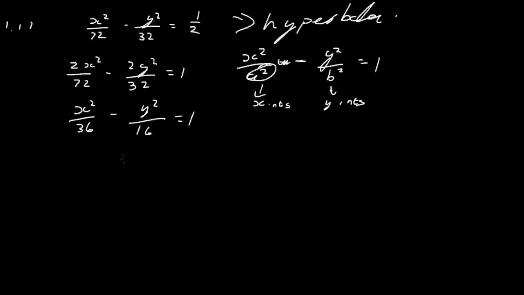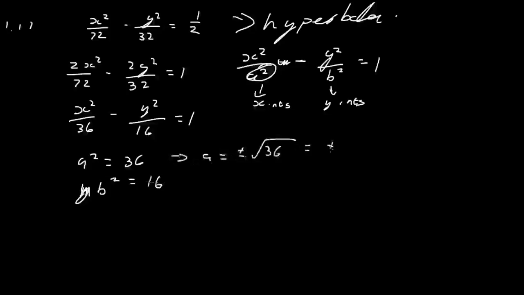So now we know that a squared, from our general form, equals 36, b squared equals 16. Therefore a equals plus or minus root 36 equals plus minus 6, and b equals plus or minus root 16 equals plus or minus 4.